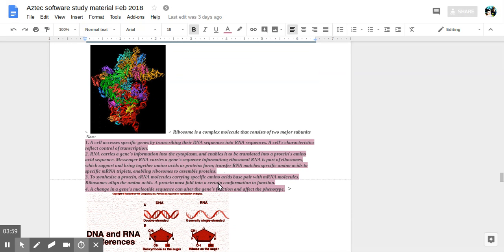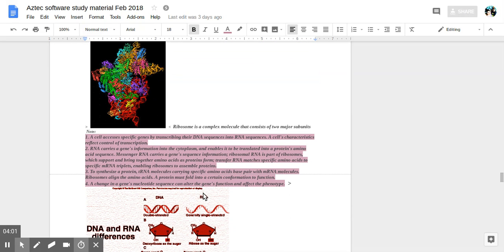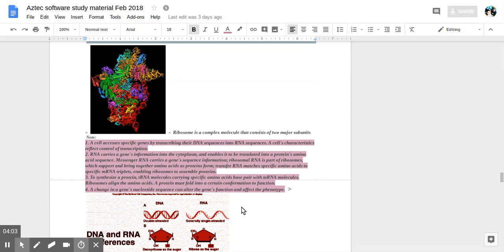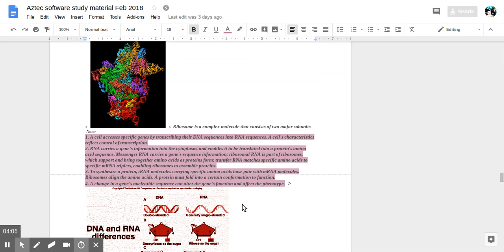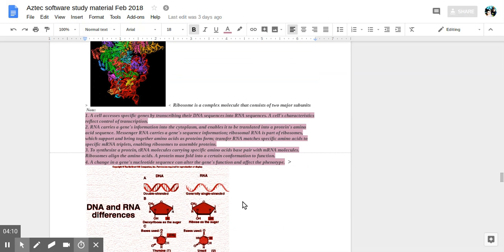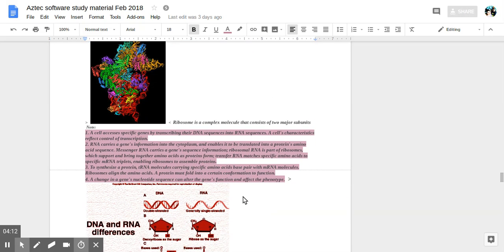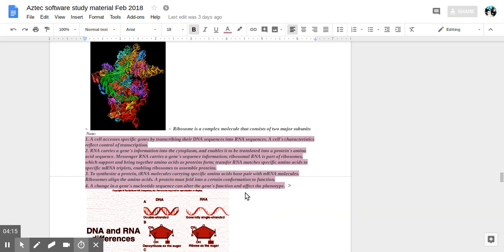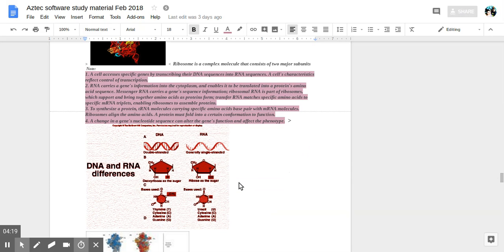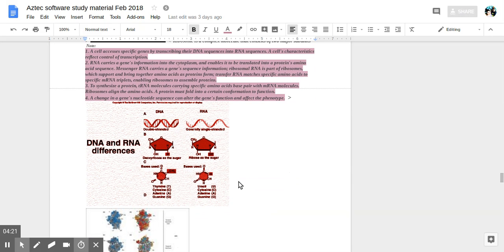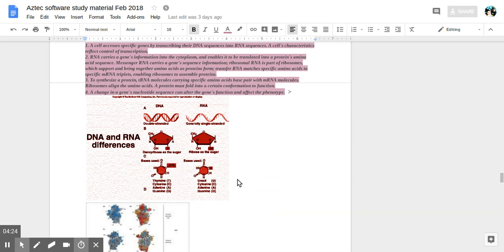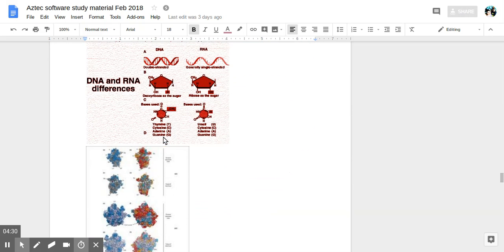After they're created, a change in a gene's nucleotide sequence can alter the gene's function and affect the phenotype, or the expressed phenotype, which is what is reflected in the function or the appearance of that organism due to various proteins being created off the DNA or the genes.